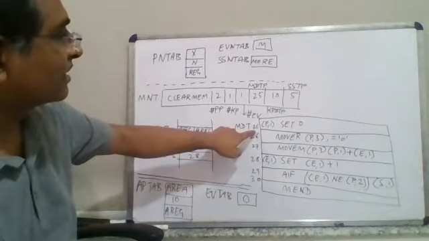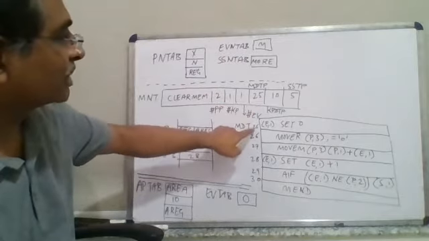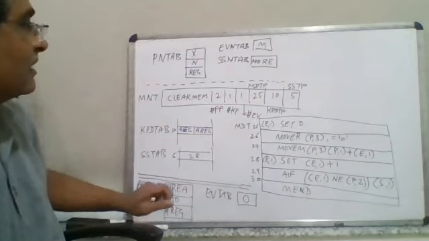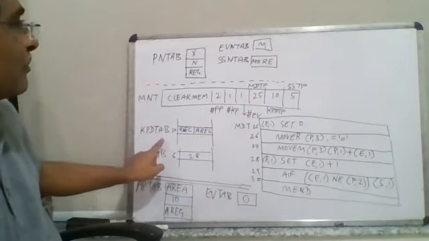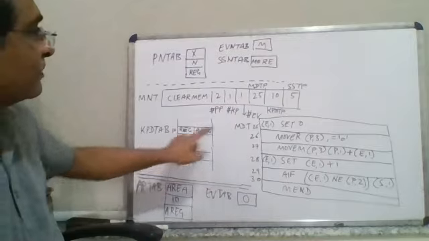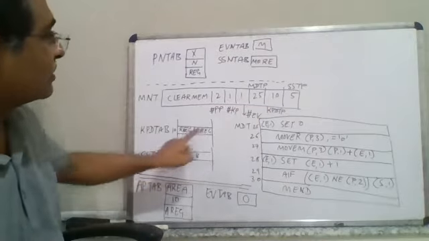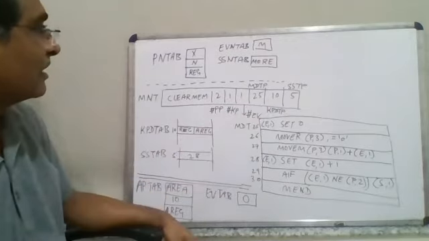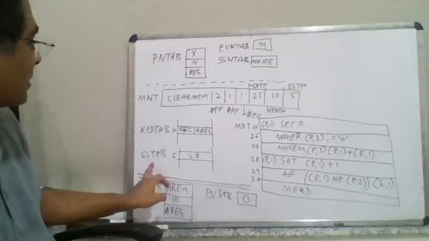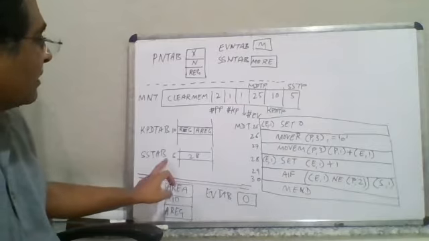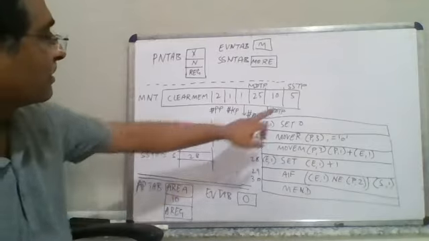The starting address is 25, so this pointer value is pointing to this starting address, right? Then the KPD table pointer. So the KPD table pointer has this address 10. So this value is actually 10, which is stored inside this MNT entry. And similarly, the SS table pointer is going to store the value 5.